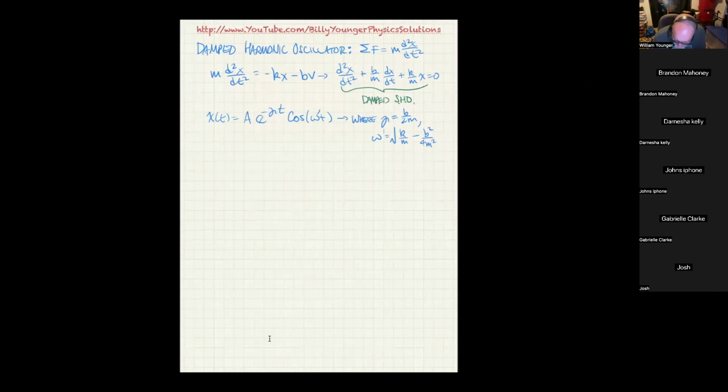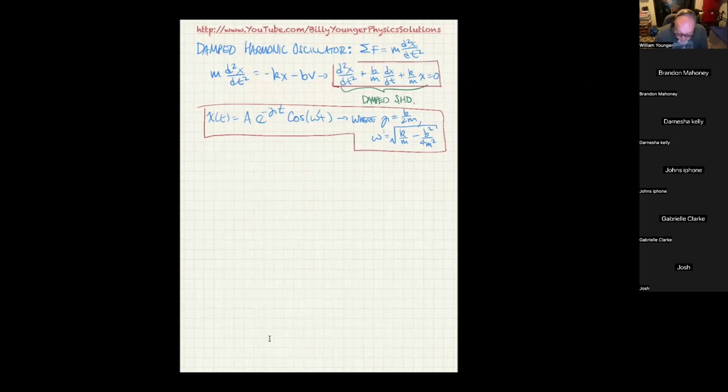Notice that it's b over 2m squared in there. But that's basically the solution. So whenever you see a differential equation that has a second order derivative plus a number times the first order derivative plus a number times the zeroth order derivative equal to 0, then you know it's a damped harmonic oscillator.